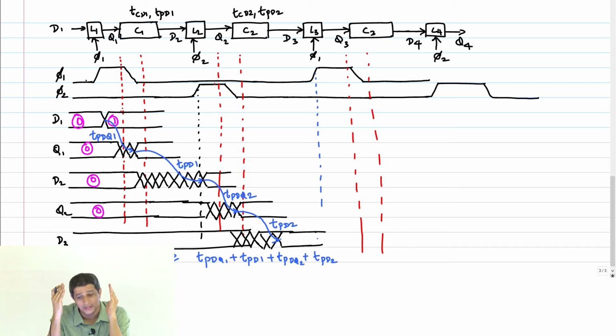No. That's what I said. Look at where my violation window is. Violation window is on the falling edge. The latch samples when the clock falls, not when the clock rises. There is no setup time constraint here, is what I'm trying to say.